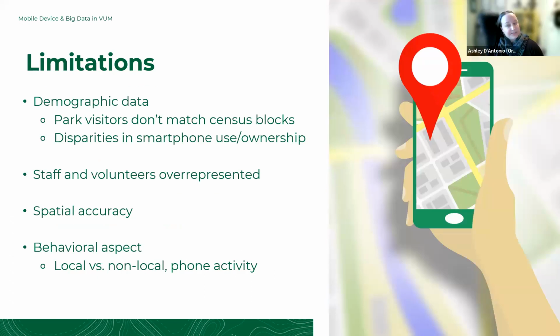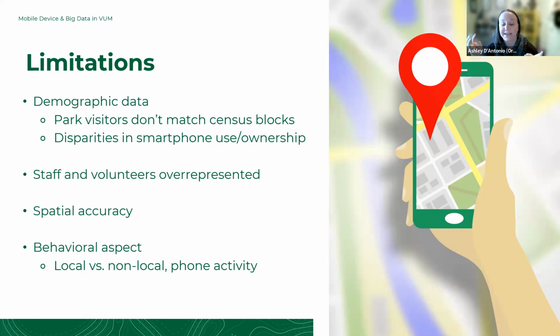So a couple other limitations. It does come with demographic data, but some research has shown that the demographics don't always match actual park visitors. That's often because the demographic data that comes with mobile device data, and again, I have not worked with every vendor everywhere, but most often it's based on that point of origin or that home location from that phone and the census block data from that place.